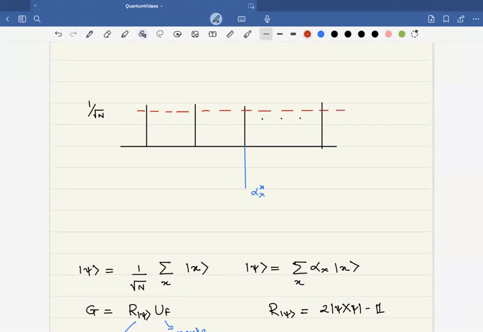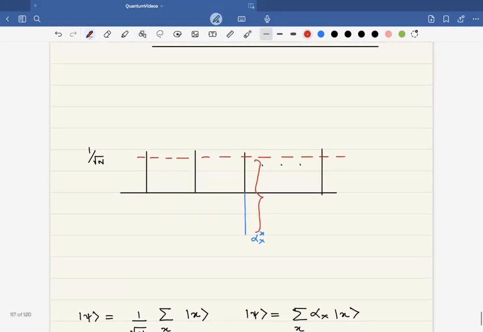And then R psi will flip about the mean, or invert about this mean. So the amplitude will get amplified by reflection about this mean.